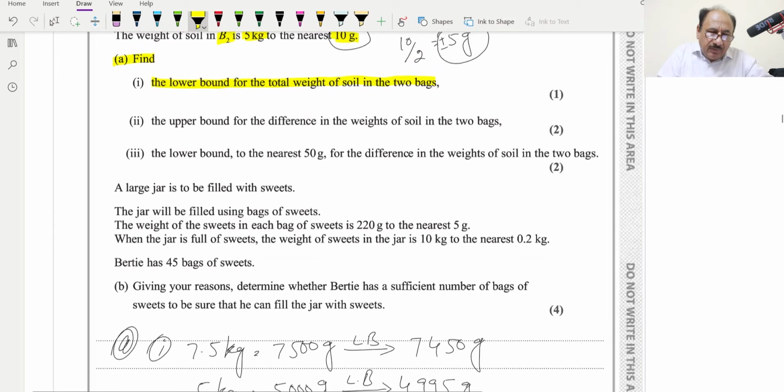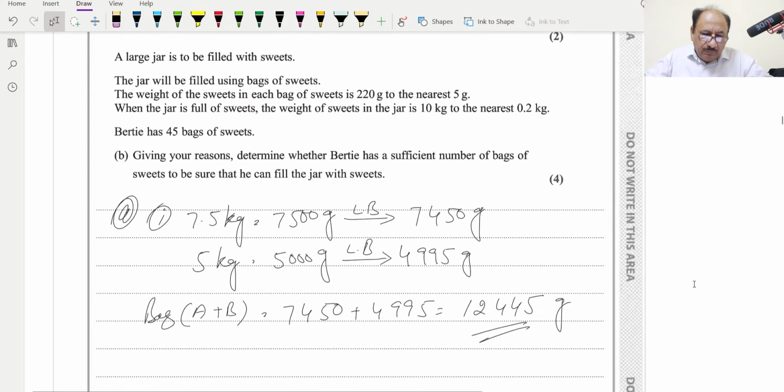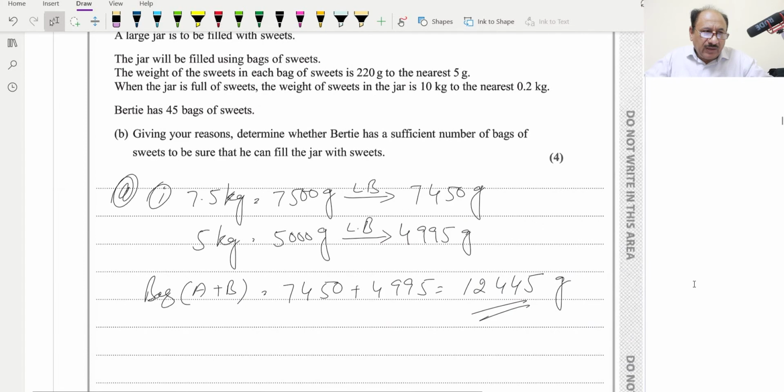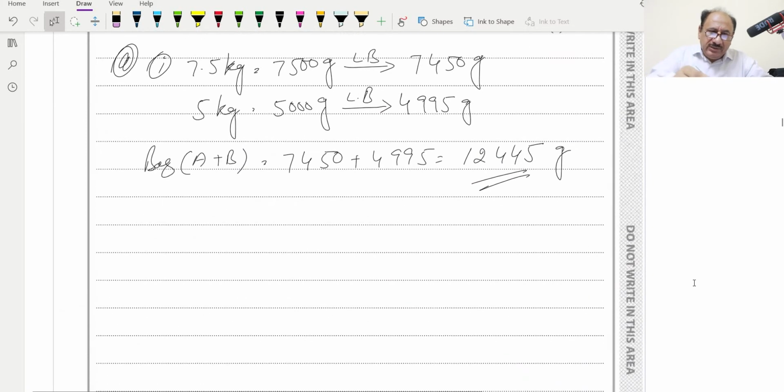For the second part, they are asking for the upper bound for the difference in the weights of the soil in the two bags. For upper bound, we will be taking the upper bound of bag A and the lower bound of bag B so that we will get the maximum difference.